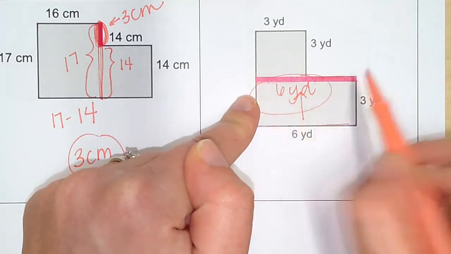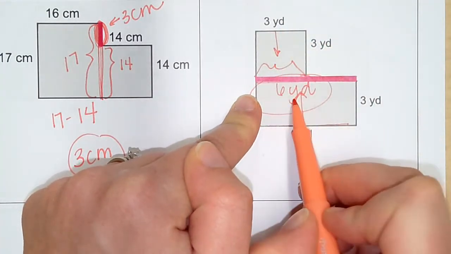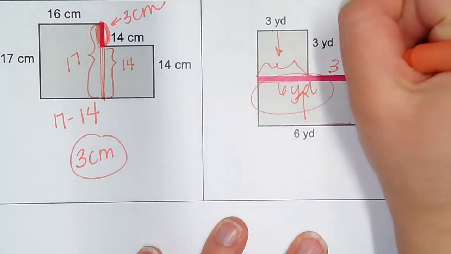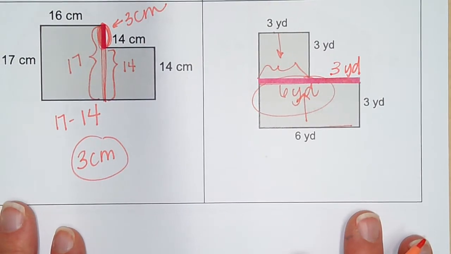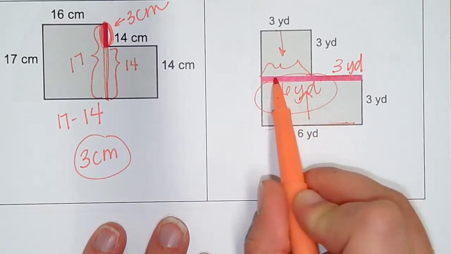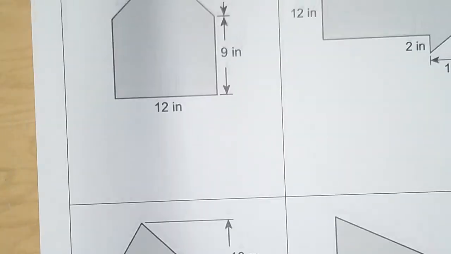If I know this is 6 and this is 3, 6 minus 3 would leave me with a 3 here. So we break down our figures and we keep in mind that the opposite sides of rectangles have the same length.